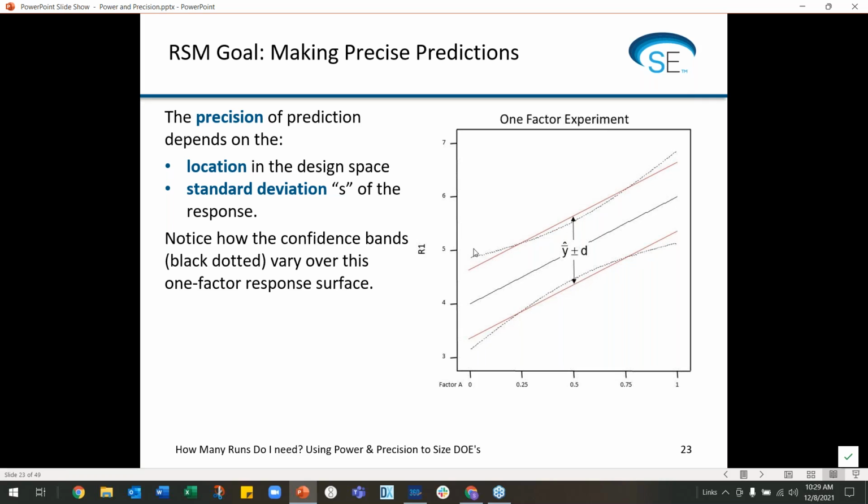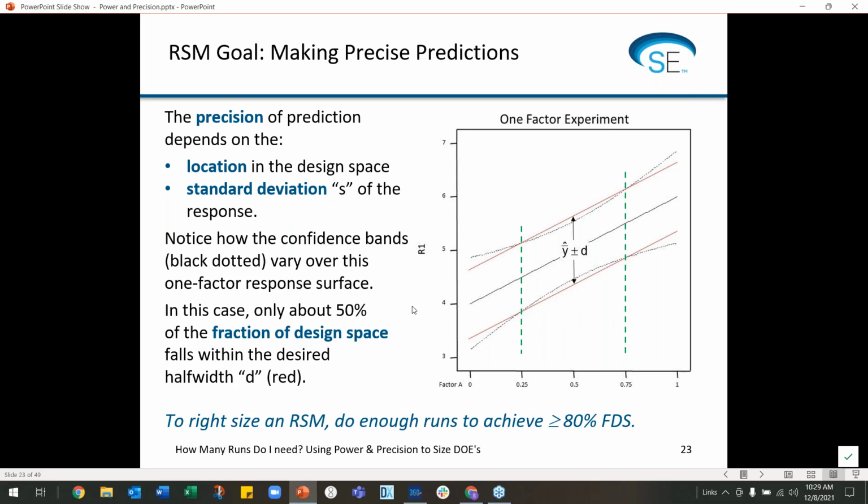And that confidence interval is narrower in the middle and wider towards the edges. That confidence interval is calculated from both the location in the design space and the standard deviation of the response. So you need to know both of those things.